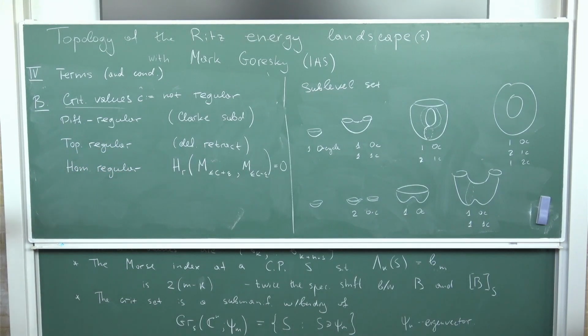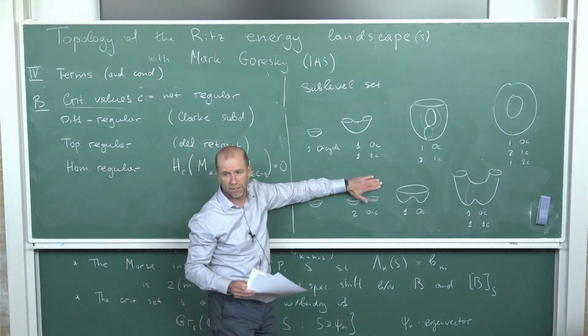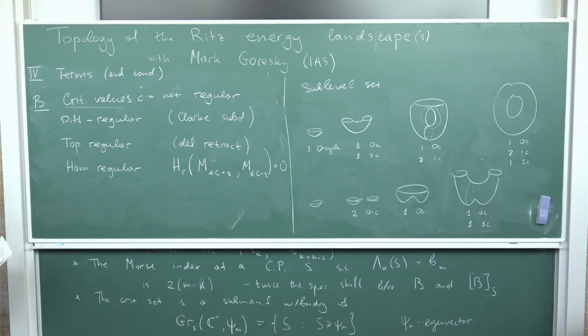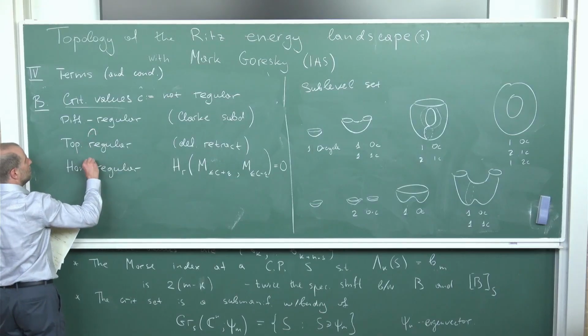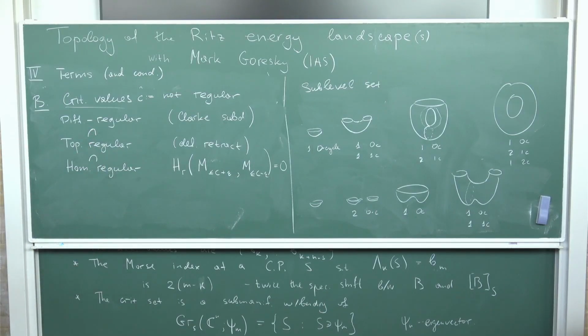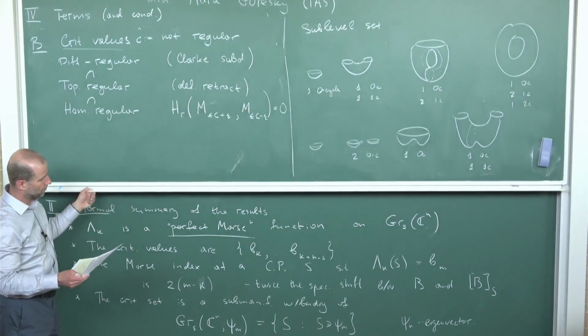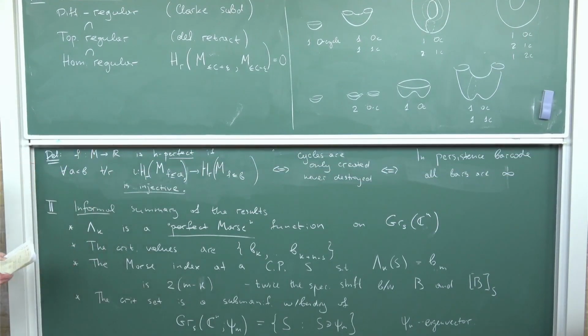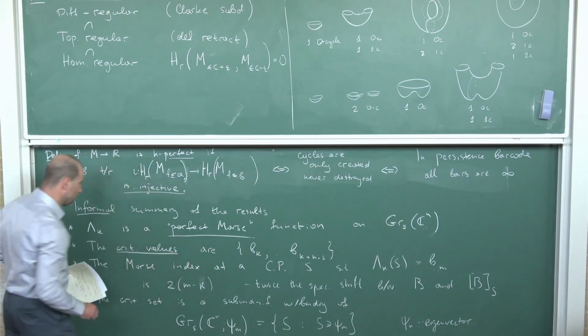Basically it means that the homology does not change when you cross this value. That's what we were doing here. We were working with this definition, essentially. And then nicely ordered by inclusion. But for eigenvalues, we can take one-sided derivatives. So actually, we can do the differential definition and then get the rest.